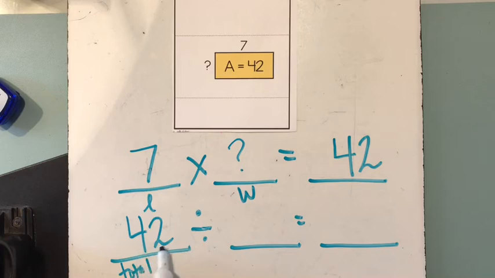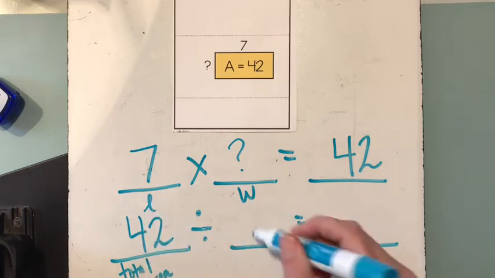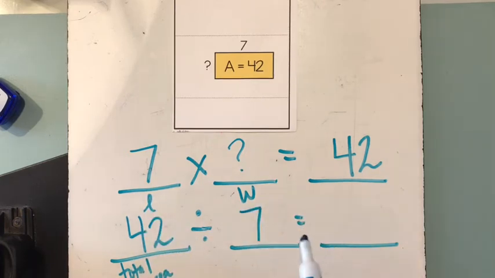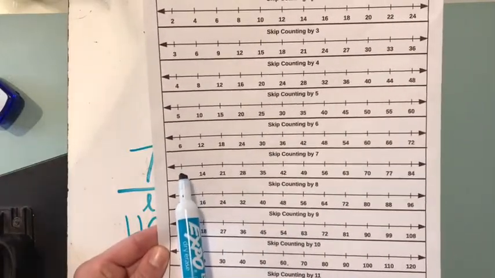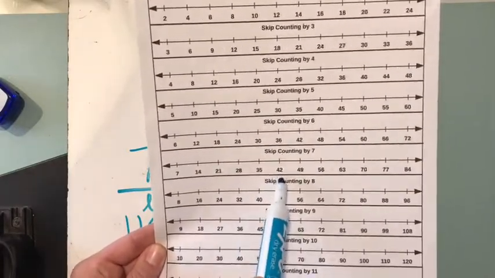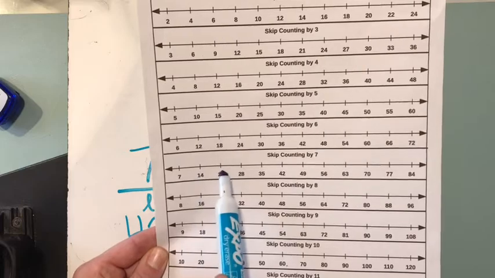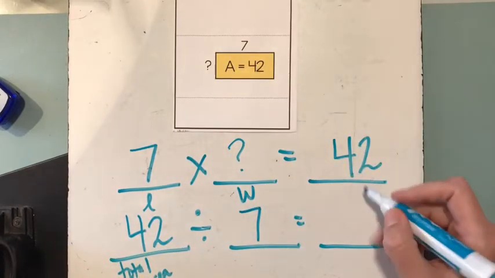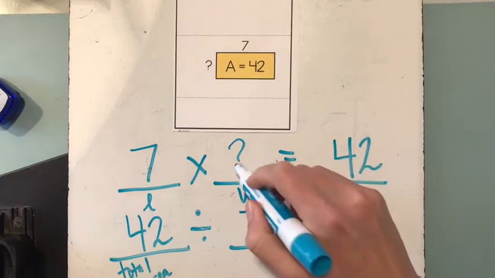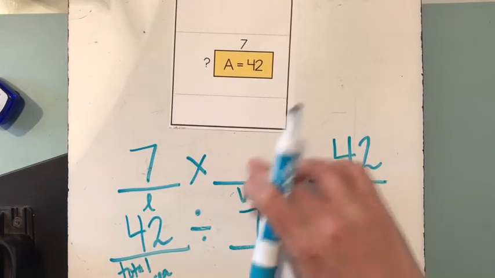So 42 divided by the length, which was 7, equals 42 divided by 7. Well, if we're not sure, we can go to our skip counting line. And we're going to go all the way until we get to 42. 1, 2, 3, 4, 5, 6. So the mystery width is 6.